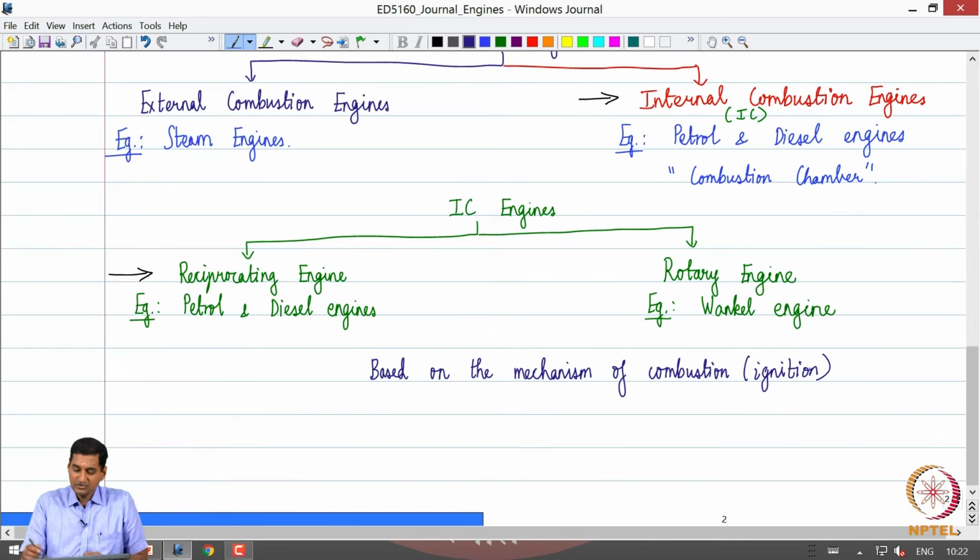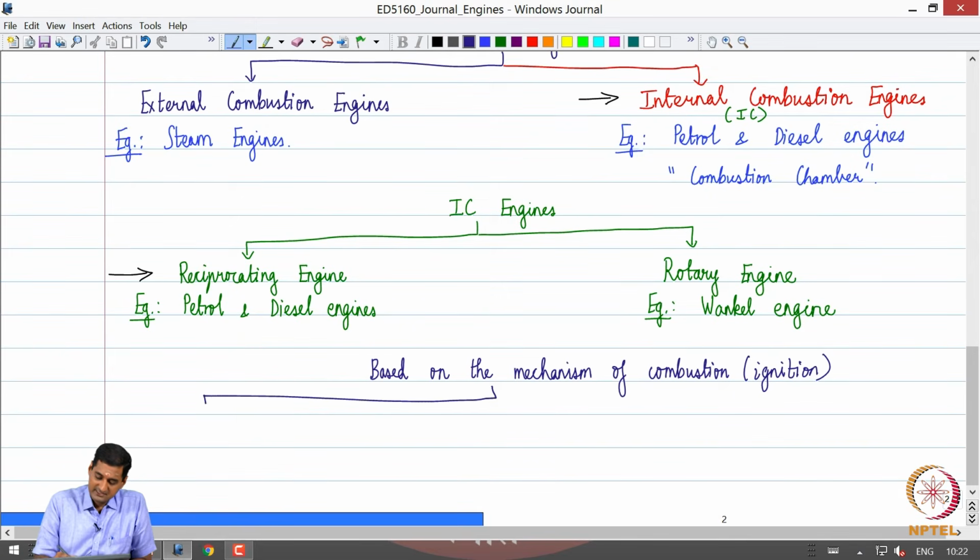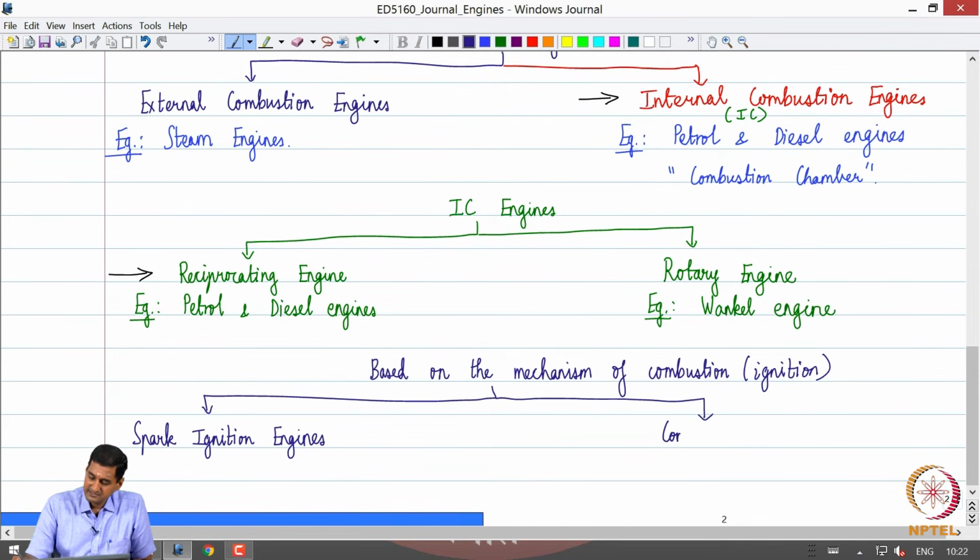We can have what are called spark ignition engines and compression ignition engines.